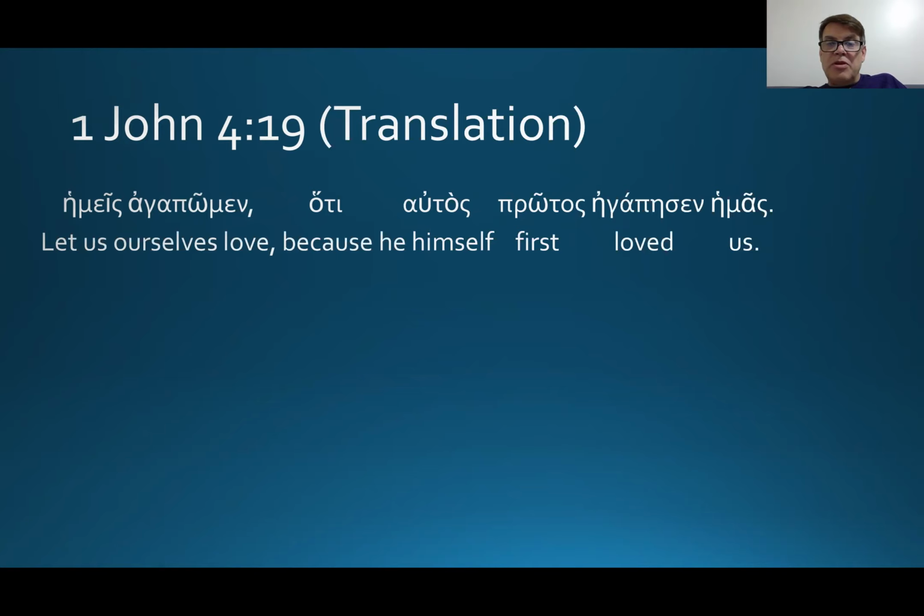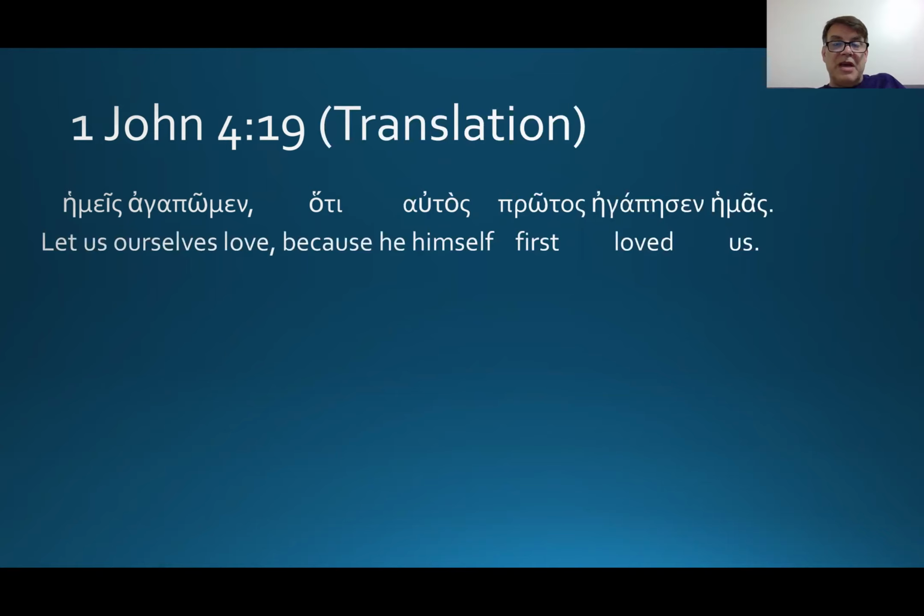So the question is whether the connecting vowel is an omicron, which would be indicative. That would be something like, we ourselves love because he himself loved us. And that's possible. Maybe that's it. But if the alpha is crashing into omega, then it's subjunctive. And then it's a hortatory subjunctive. Let us love. Let us ourselves love.